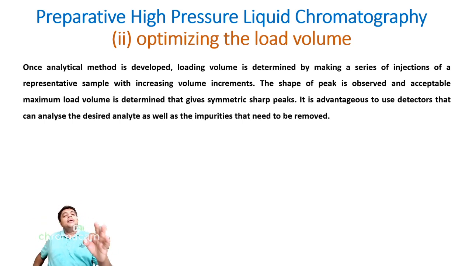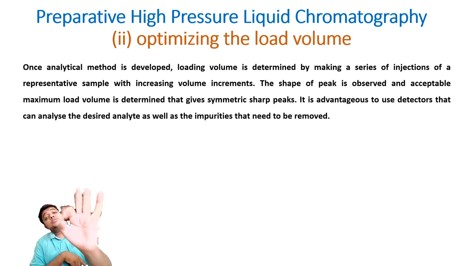Until and unless I am getting a pure chromatogram, a Gaussian curve, or a peak, I won't worry. As soon as this peak broadens up, the shape of the Gaussian curve changes, I'll stop. So the last volume until which the Gaussian curve was in shape would be considered as the optimized load volume for this sample.